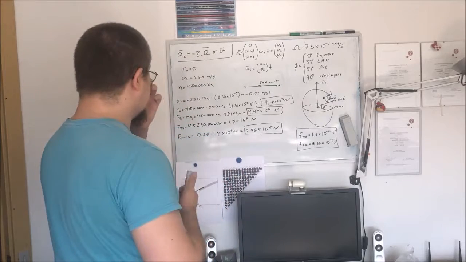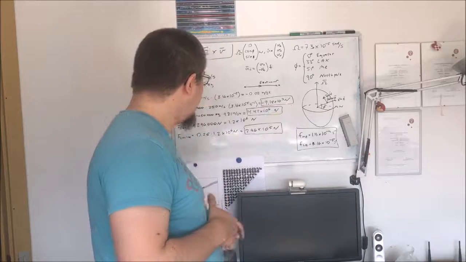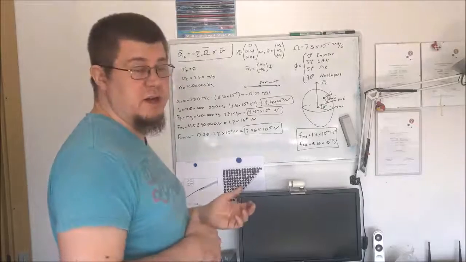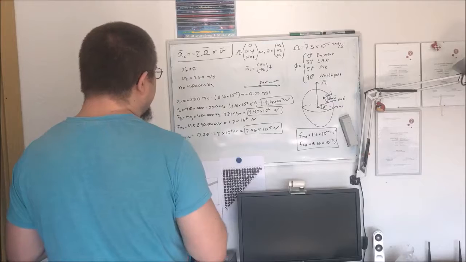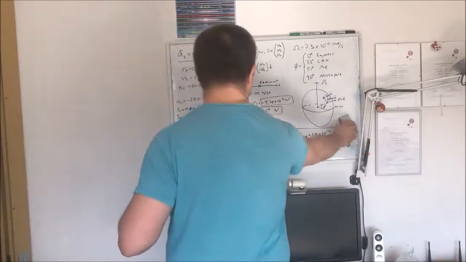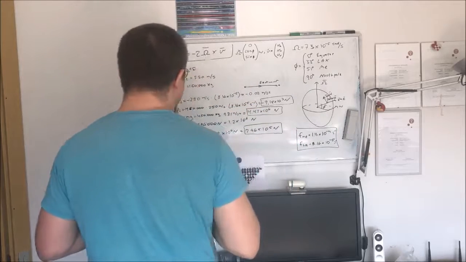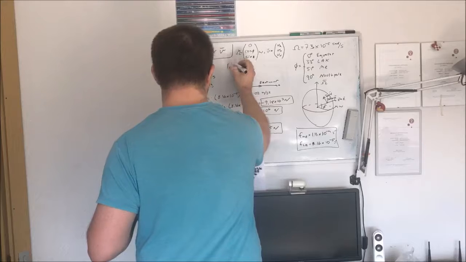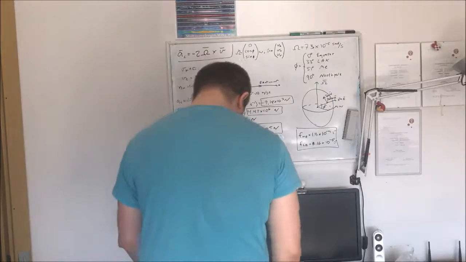So what do we know from these numbers? We know that the Coriolis force is insignificant compared to the other forces. If we do a quick rough calculation up here, let's take F Coriolis over gravity. See what that gives.